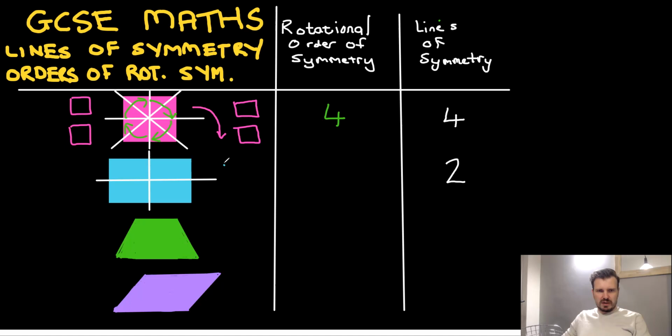If we rotate it once, it goes like that. Twice, it comes back to what it was. Then the third time, it goes back to standing, and then back to the beginning on the 4th time. So we've got 1 and 2. There'll be 2 orders of rotational symmetry.